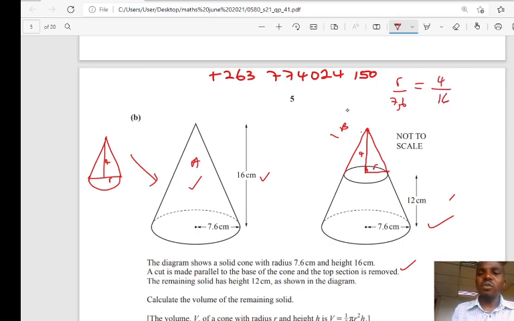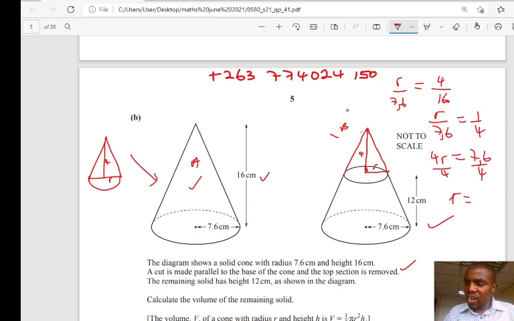Then 4/16 is 1/4, so r over 7.6 is equal to 1 over 4. Then cross multiply, 4 times r is equal to 7.6. Then divide by 4, you get r equal to 7.6 divided by 4, which is 1.9. So the radius of the smaller cone is 1.9 centimeters.